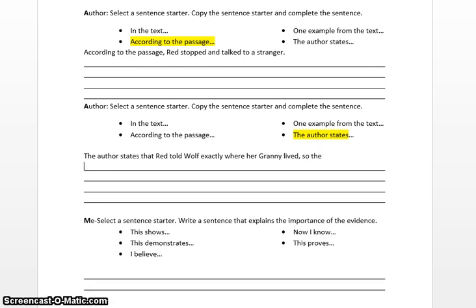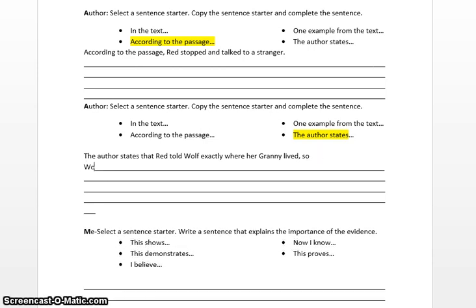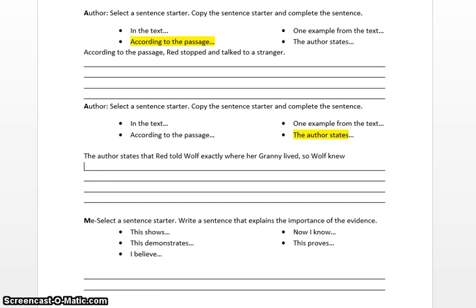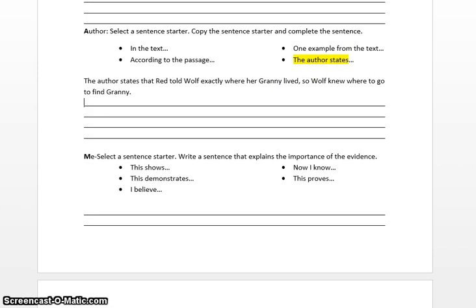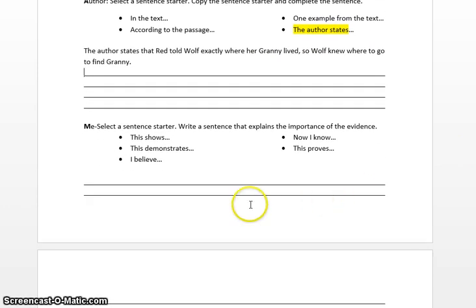so Wolf knew where to go to find Granny. Now we have our final sentence that shows that we have good evidence to support our answer.